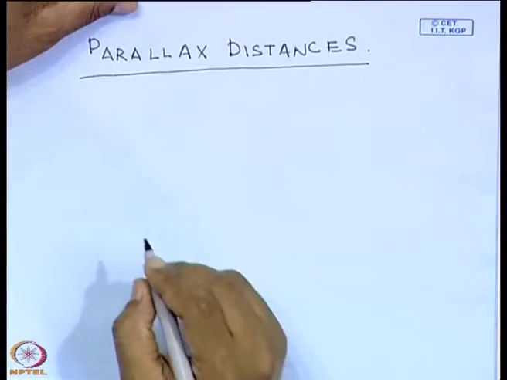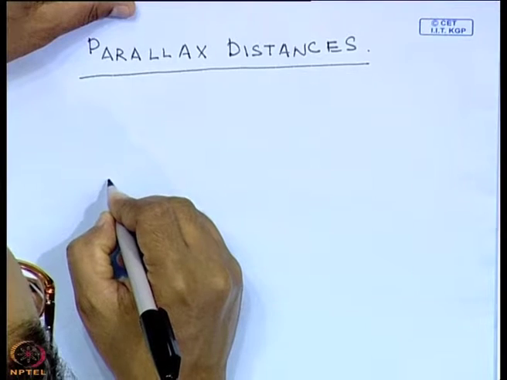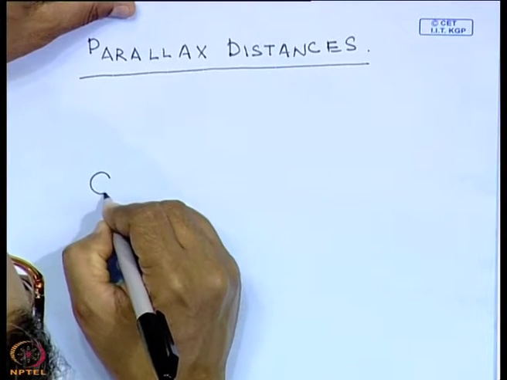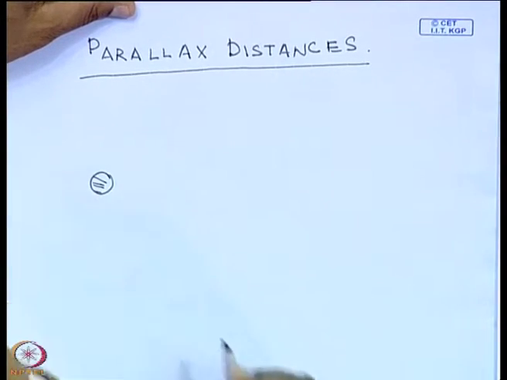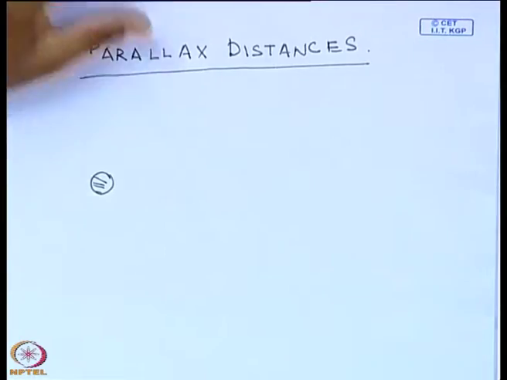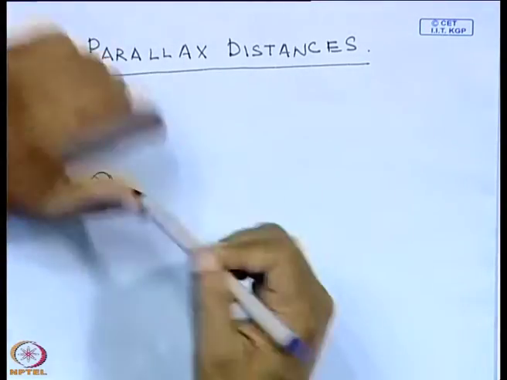Any observer on the earth is moving around the sun, and the radius of this circular motion, nearly circular motion, is quite well determined. That is one astronomical unit. So, this is the sun, and let us say that this is the earth.